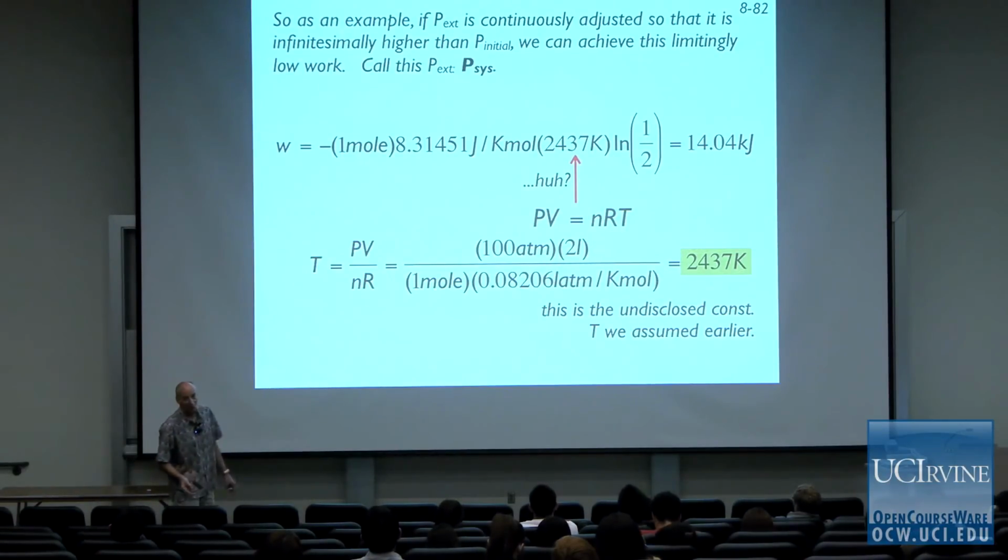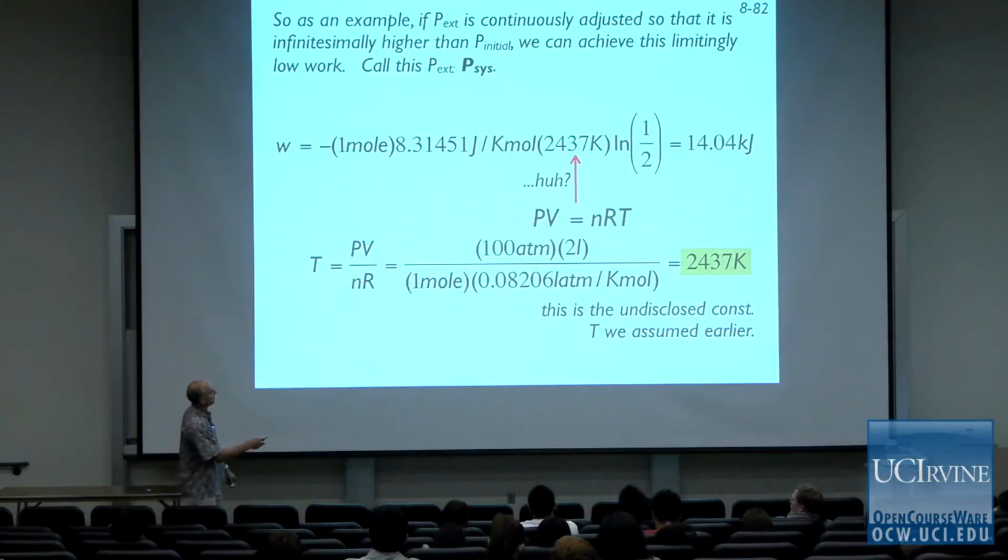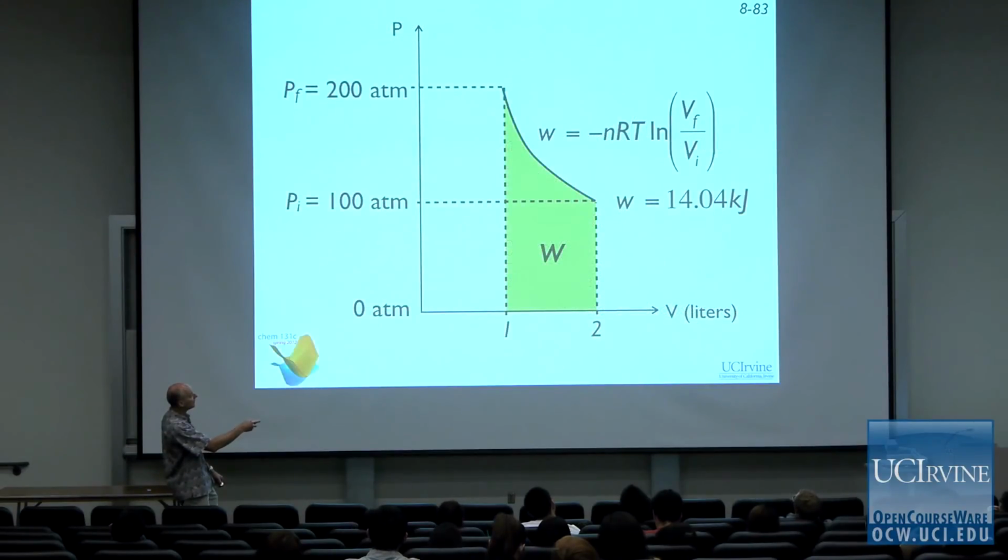We haven't said anything about what the temperature was here, but it's pretty warm. It's 2,437 degrees Kelvin. If I plug that in, and the volume went down by a factor of 2, 14.04 kilojoules is the amount of energy involved. That's the area under this curve right here.